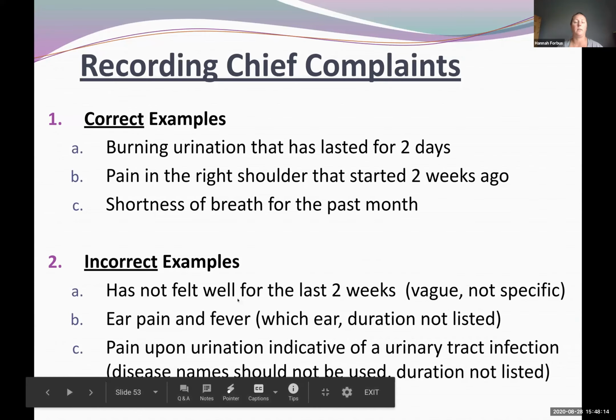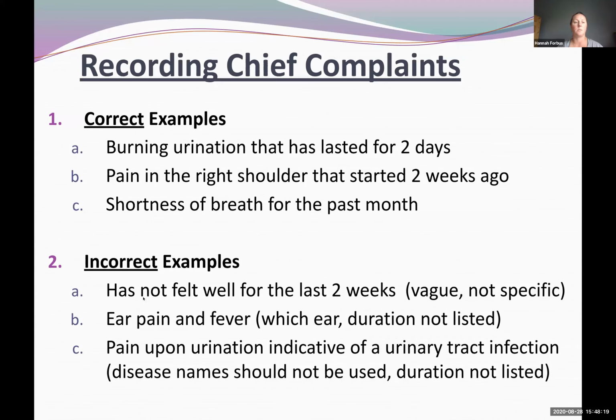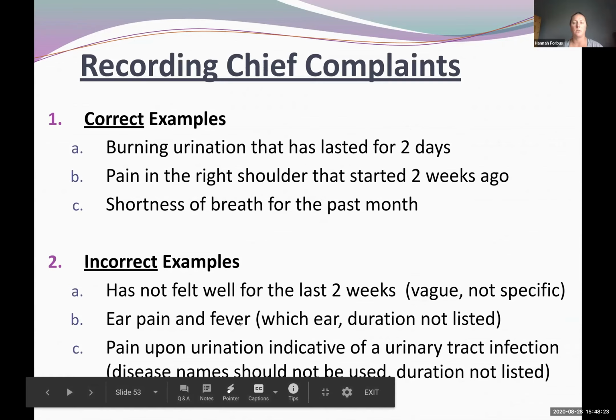Has not felt well. Well, that could mean a lot of different things to a lot of different people. So it's not specific. Ear pain and fever. Well, that's great. You just need to specify which ear, or if it's both, bilateral. And then you need to know how long both of these symptoms have been going on. You need the duration.